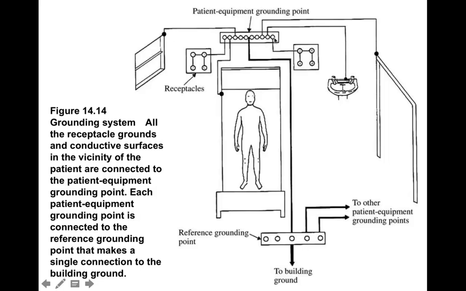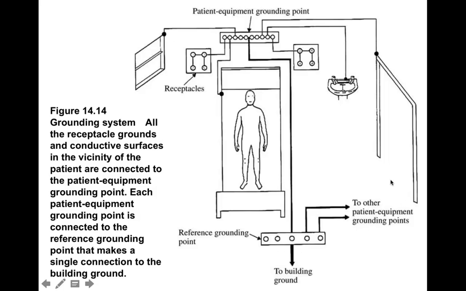There's a patient equipment grounding point, and all of the equipment that is near the patient, including the bed, is grounded to this grounding point. This is referred to sometimes as a star ground because it has a central point and then everything comes out from that. There is then a single lead that connects that to the building ground. And so that is your reference grounding point.